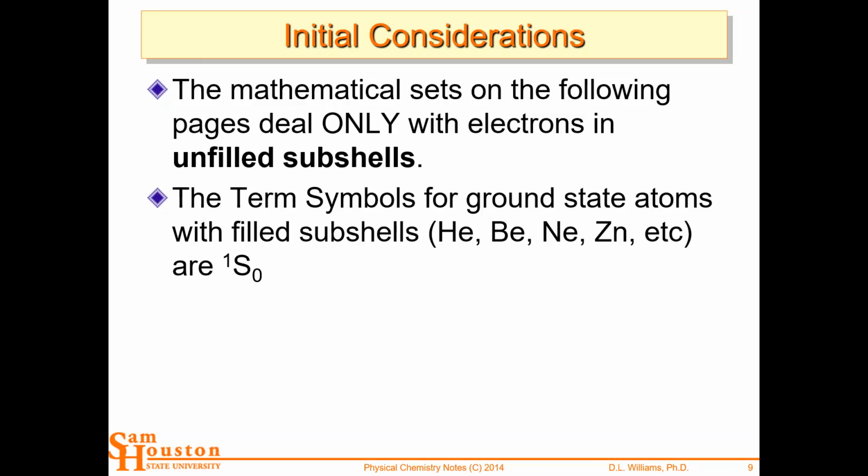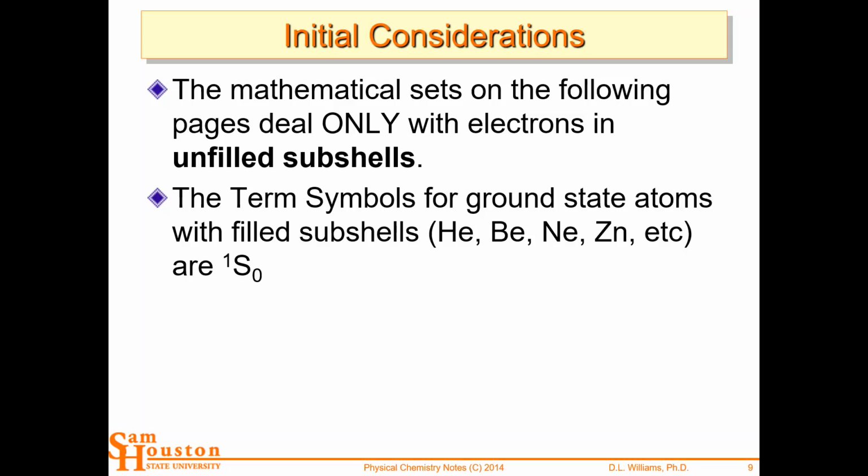What atom would be representative of a d2 system? A d2 system. Yeah, titanium. So the second column of the transition metals would be a d2 system, and so would zirconium and hafnium and rutherfordium. Okay.